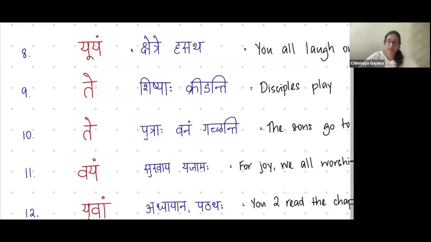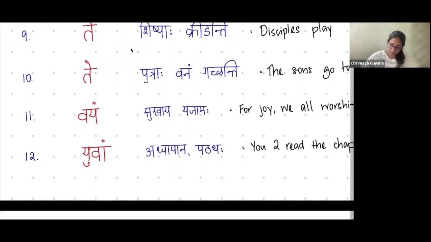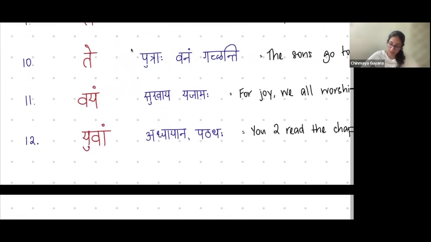Masculine plural becomes te. Sukhaya yajamaha. Subject here is we all. Yajamaha. Vayam yajamaha. And then finally, last one is pathathaha. Pathathaha means you two read. Yuvam.